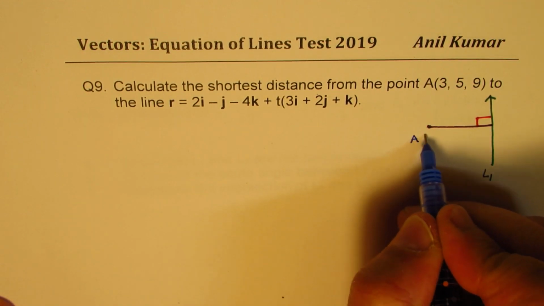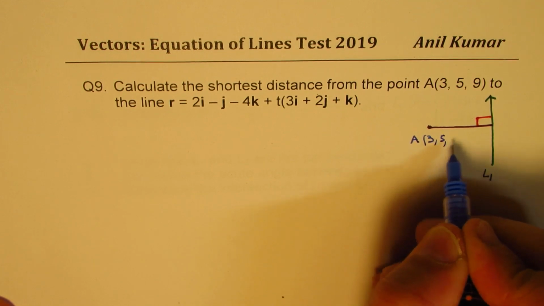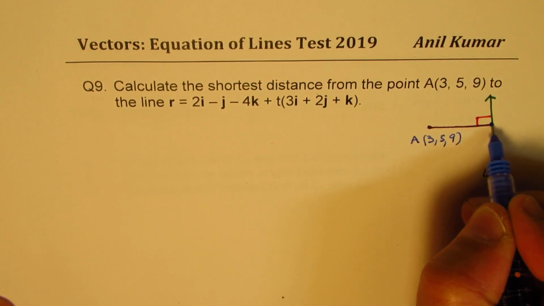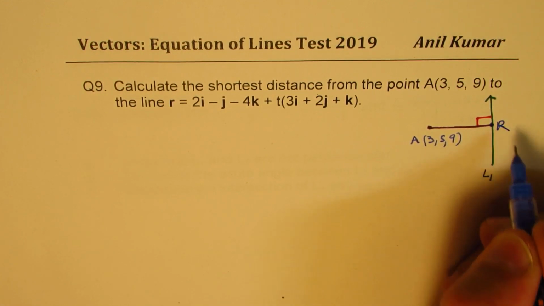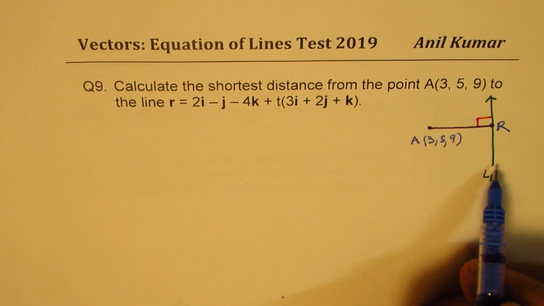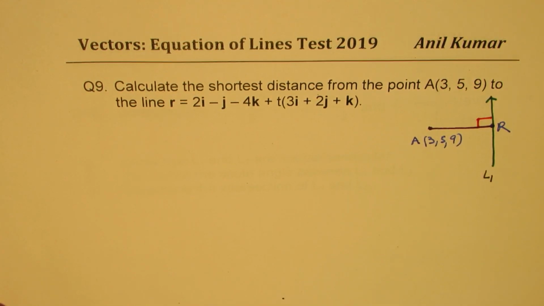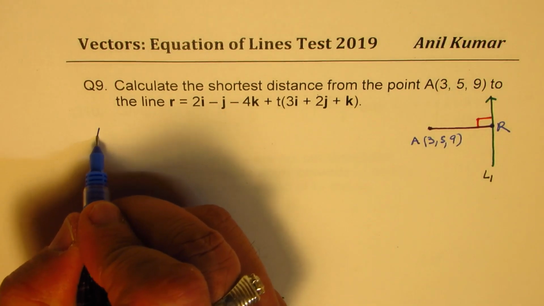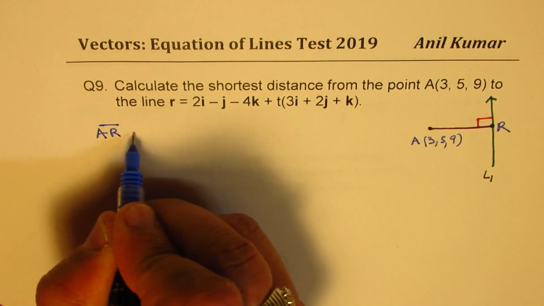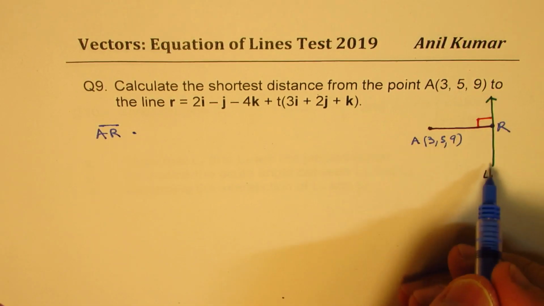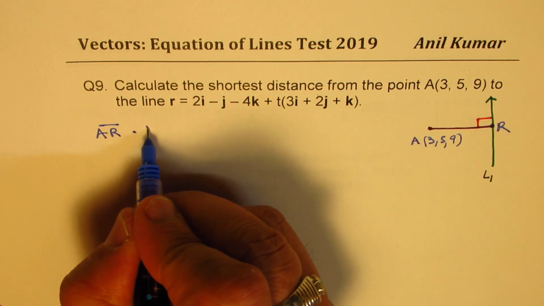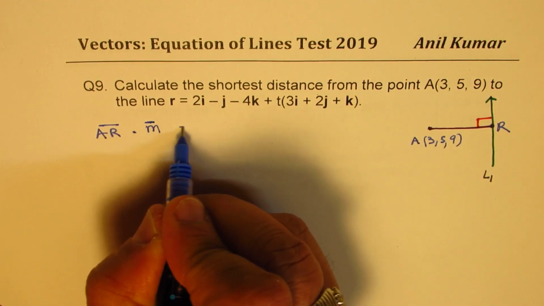This is the point A, 3, 5, 9. Let's say the point on the line is R, so that AR is perpendicular to the line. Correct? So in that case, the dot product of AR with the direction of the line, which we can also call M, should be equal to 0.